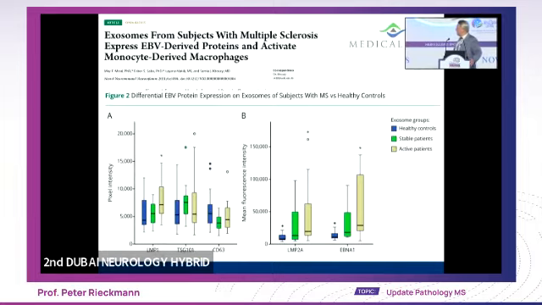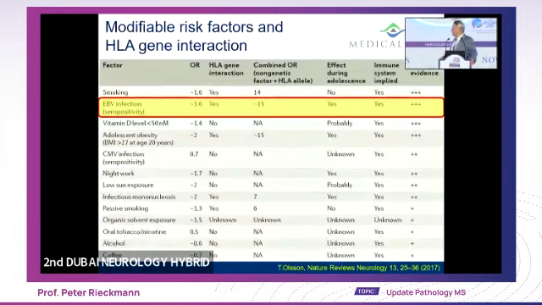As you can see here, the healthy controls are in blue, the green are stable patients, and the activated patients, sorry, the active patients, had highly expressed proteins like EBNA1 and LMP2A, which are both late activation proteins from the Epstein-Barr virus, present in these exosomes. And now the next link to something we know is important in multiple sclerosis is the genetic background.